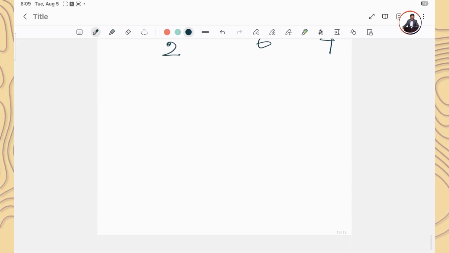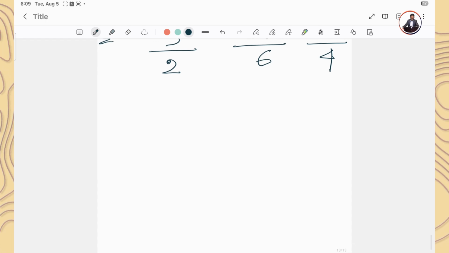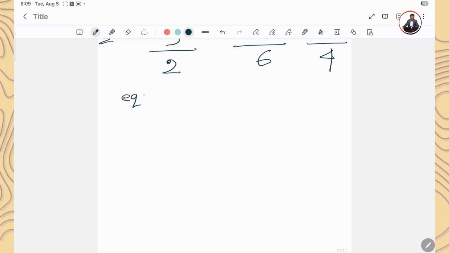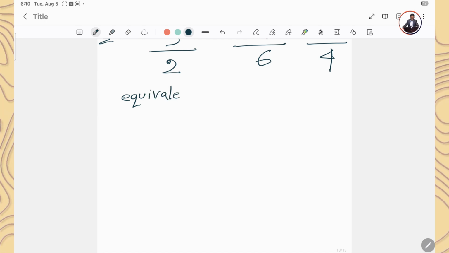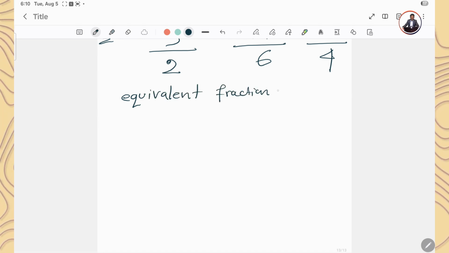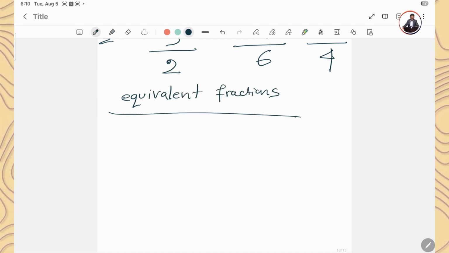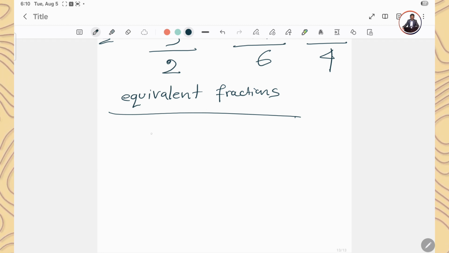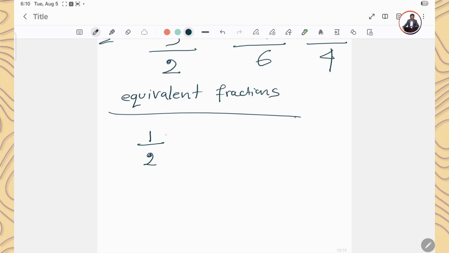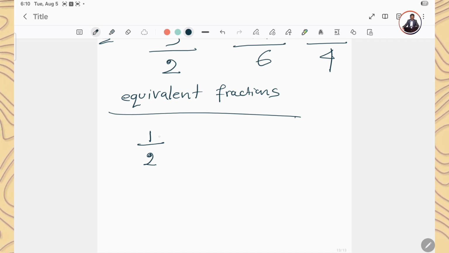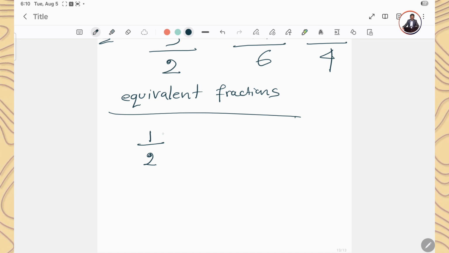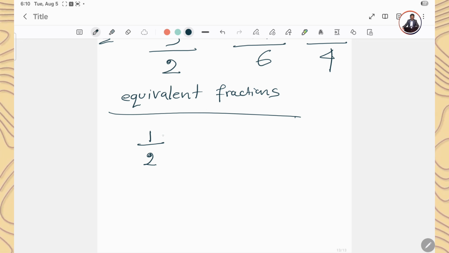Next I need to show you the equivalent fraction. For example, 1/2: if you multiply the numerator and denominator by the same number, you get an equivalent fraction.